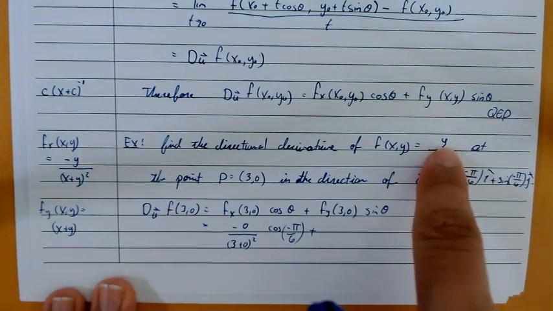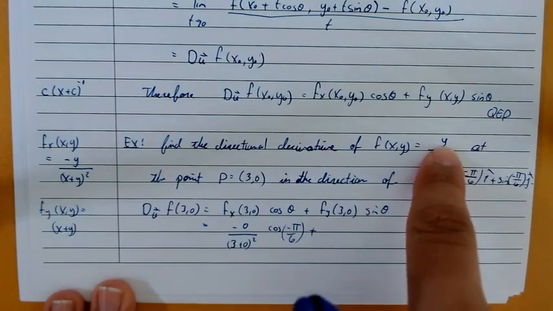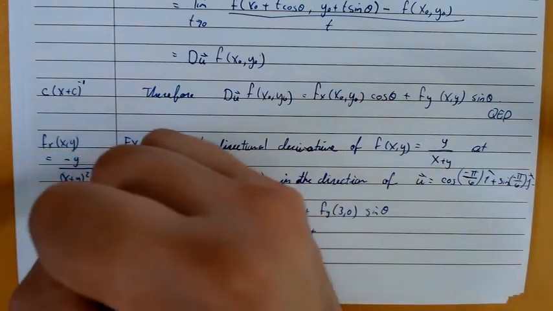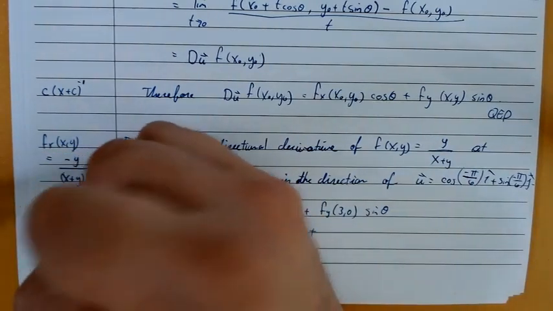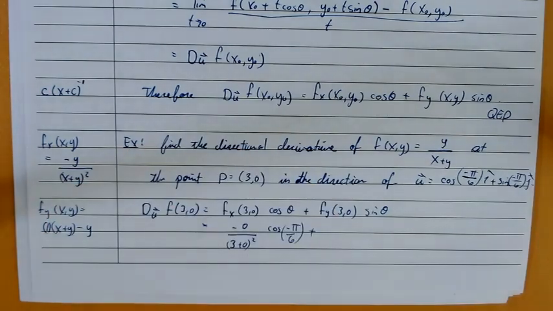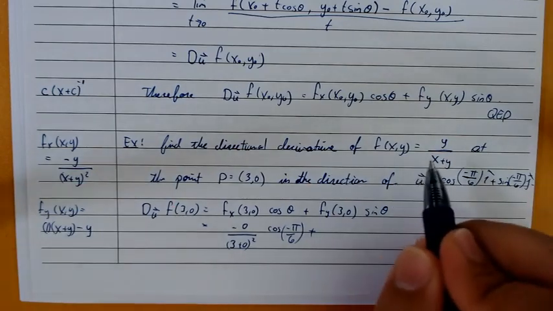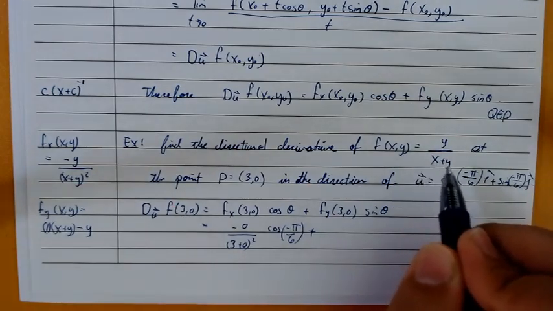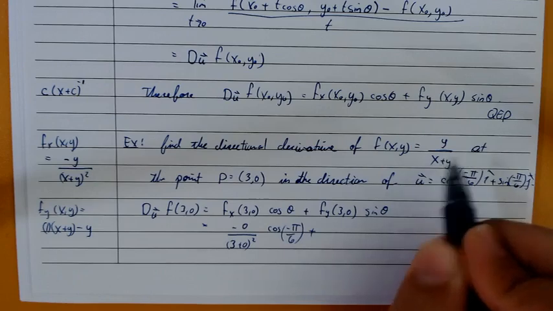Well, the derivative of y with respect to y is just 1. So times 1 minus the top, which is a y, times the derivative of the bottom, again with respect to y. Well, the derivative of x with respect to y is 0. The derivative of y with respect to y is just 1.